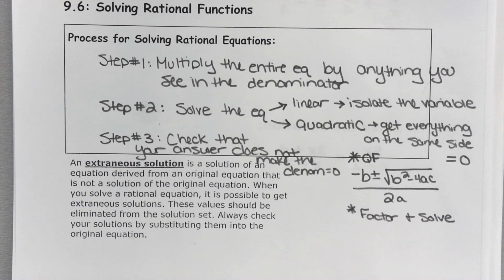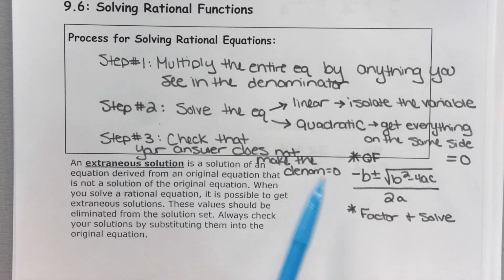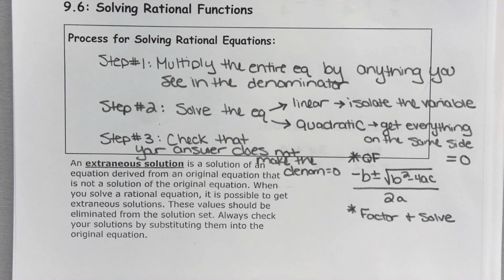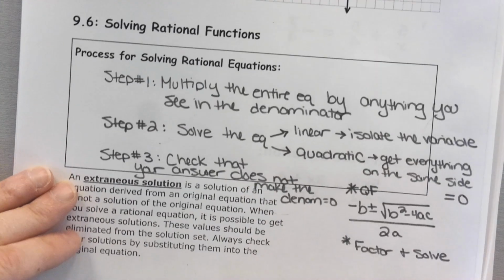So that's what an extraneous solution is. So everything you did was correct. It's not a solution because you did something wrong. It's not a solution because when you plug it back in, the only thing that could have possibly worked doesn't. And in particular, the issue is going to be if it makes the denominator 0. So that's what we have to check in. So once we get a solution, that's how we're going to check it.